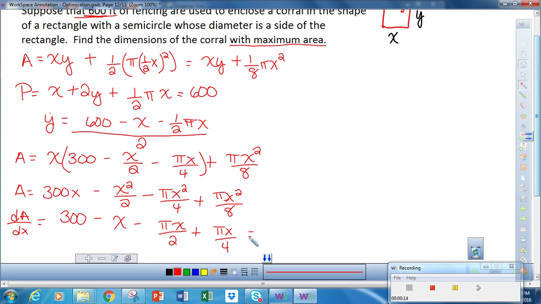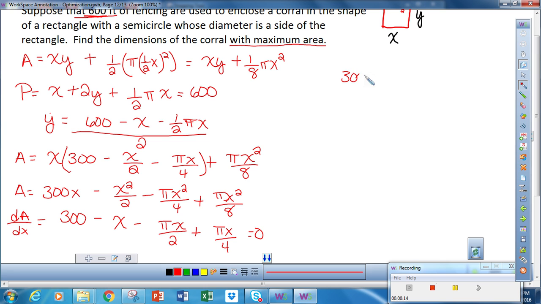And I have to set that equal to 0. I'm trying to skip too many steps at one time, so let me just go back and do it all at one time.